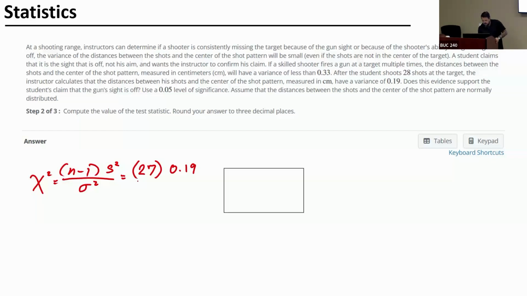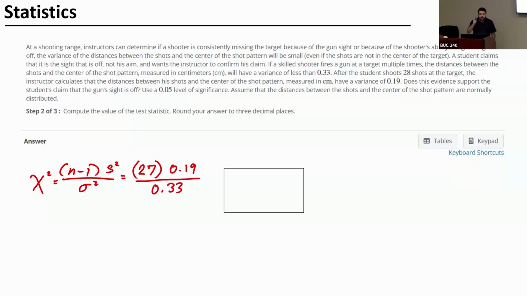Okay, and then what's our population variance? Variance, population variance. 0.33. Exactly. Work that out in your calculator, rounding to 3 decimal places.